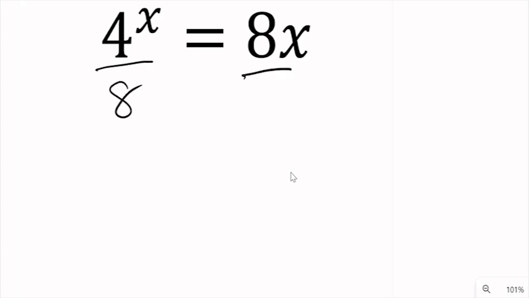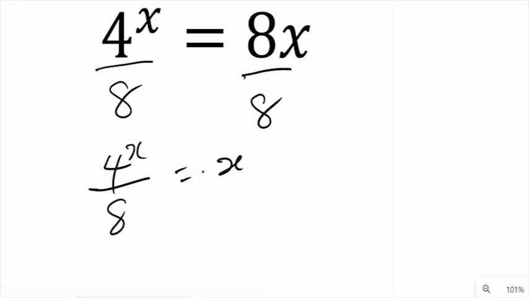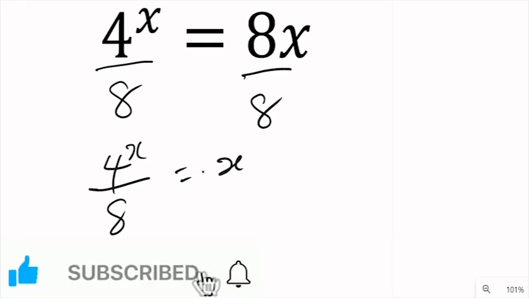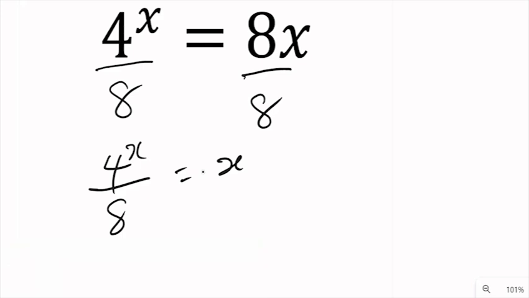You divide both sides by 8. Now when you divide both sides by 8, this becomes 4 raised to the power of x divided by 8, which equals x. The next thing we do is we know that 4 is a power of 2 and 8 is also a power of 2.